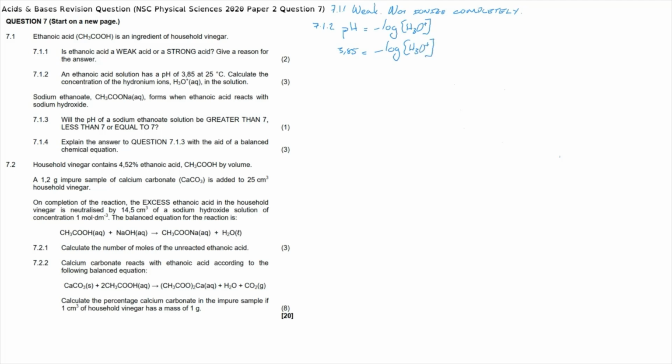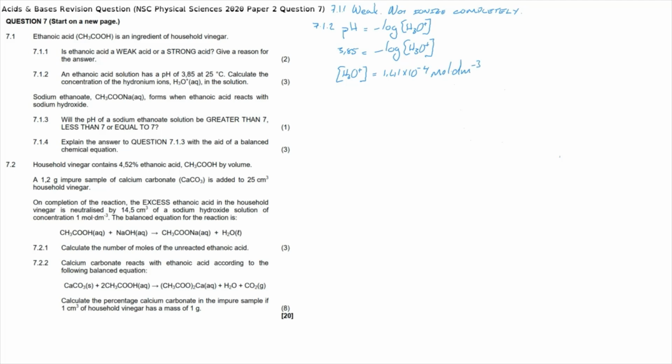And so we can solve for this by seeing that it is 10 to the power of negative 3.85. Very simply, the hydronium ion concentration is then 1.41 times 10 to the power of -4. This being a concentration, the units are moles per cubic decimeter.